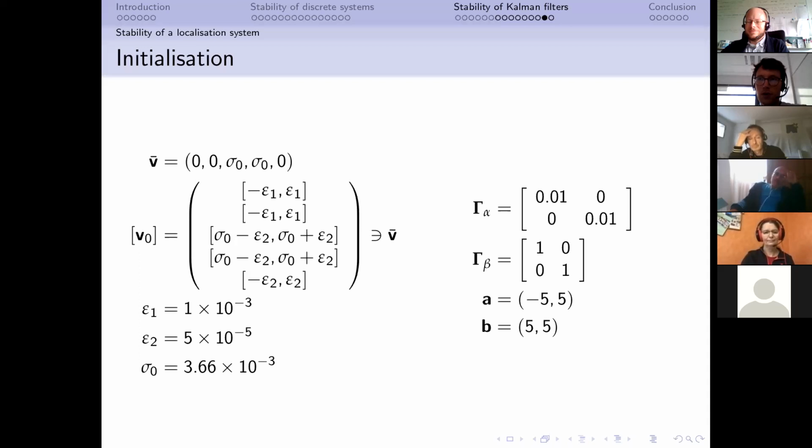And if our method cannot conclude, that doesn't mean the system will not be stable. It just means that our method cannot conclude. You have to be more precise in the initial state estimation, or you have too much wrapping effect due to the frequency of your sensors, etc. Yes.